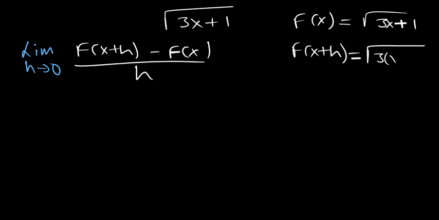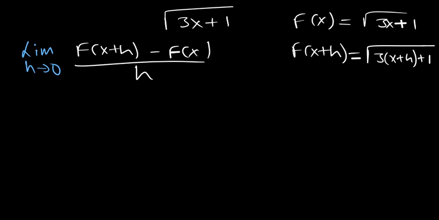So where there's x, we're going to put x plus h, plus the 1. Feel free to pause the video, substitute in the equation, and determine the answer. Avoid substituting 0, not until the h on the bottom is actually dealt with.